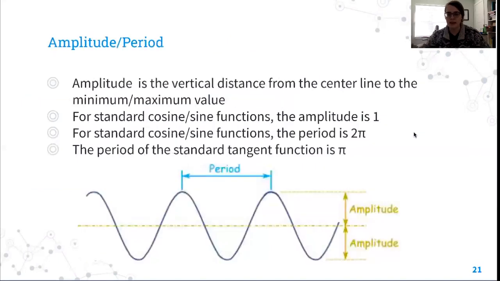It's just the space in between. For cosine and sine functions, that distance is normally 2 pi, or 360 degrees. For a tangent function, it's normally pi. Remember, pi is 180.